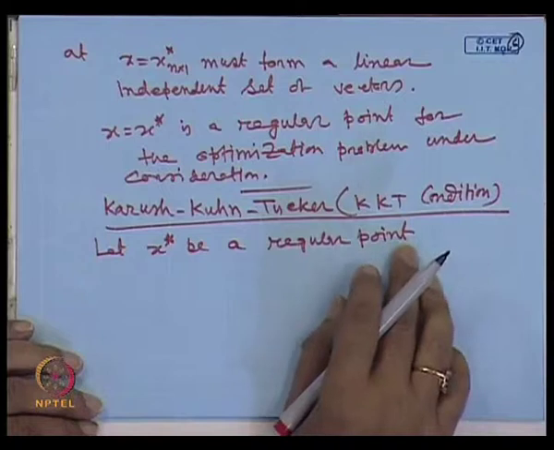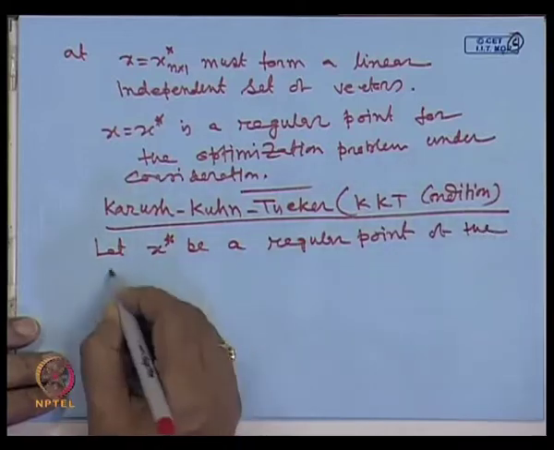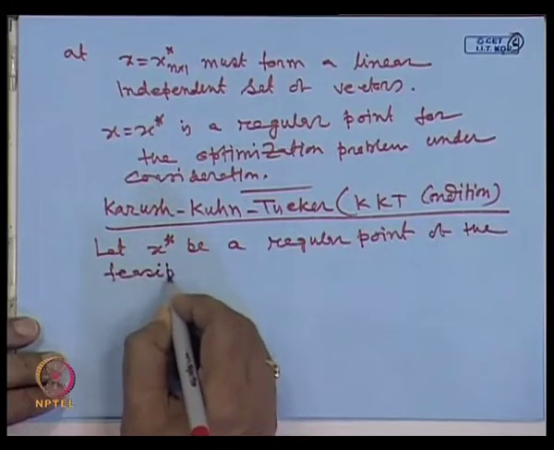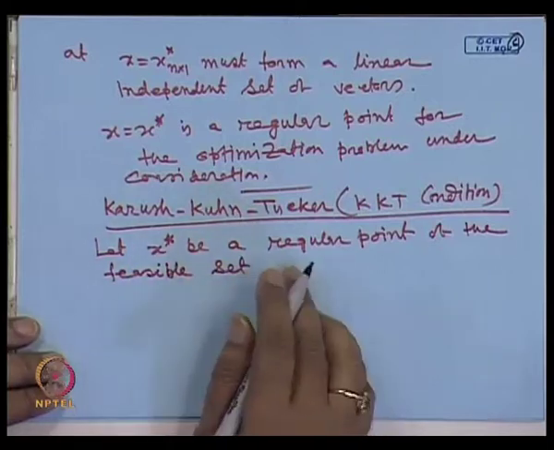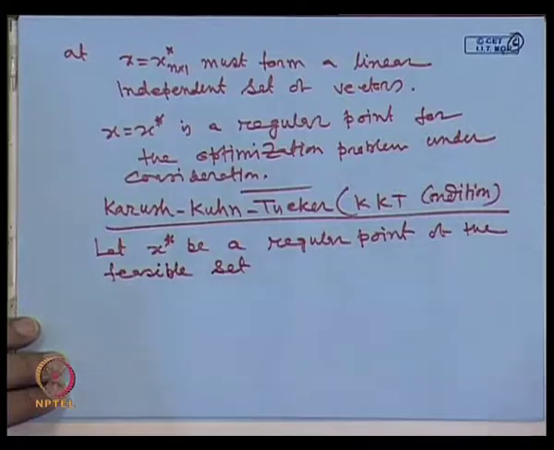That is why it starts with x being a regular point of the feasible set. Feasible set means if you put the value of x in the constraint equations, it must satisfy all constraints. If it does not satisfy at least one equality or inequality constraint, that means our point does not lie in the design space or feasible space, so that will not give you the answer of the concerned problem.